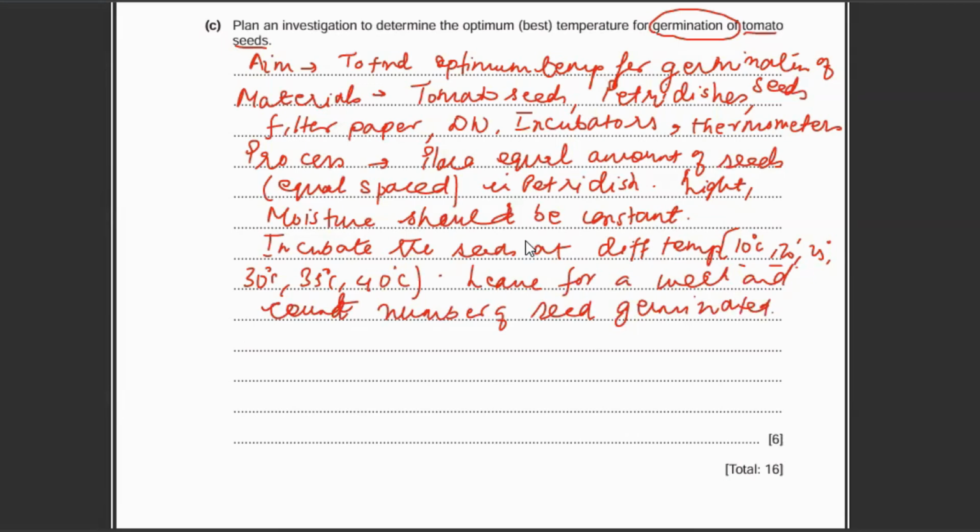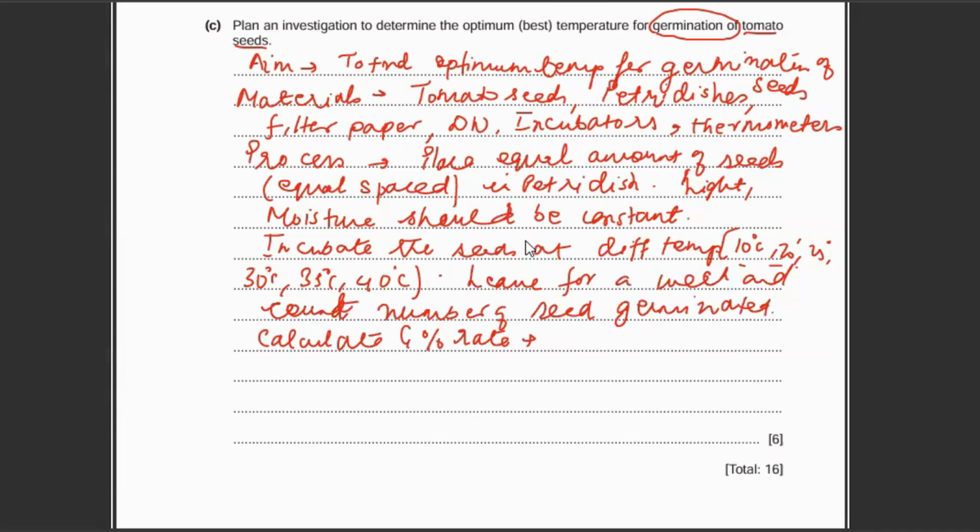Now, what do you calculate? You will calculate after you've got the result. You calculate the germination percentage. So how do you calculate the germination percentage? It is the number of seeds germinated in a particular period of time. So the time is, say, a period of 7 days.